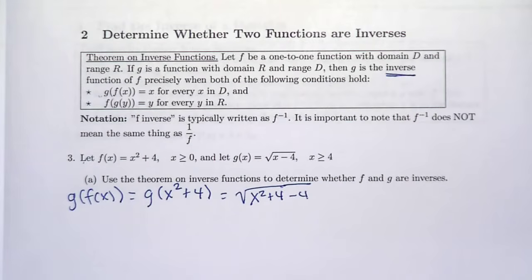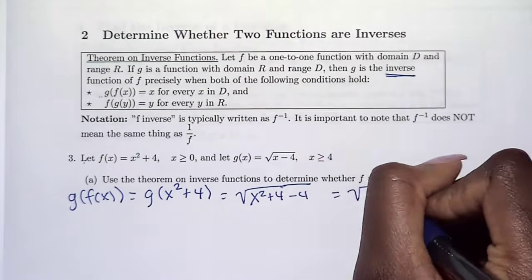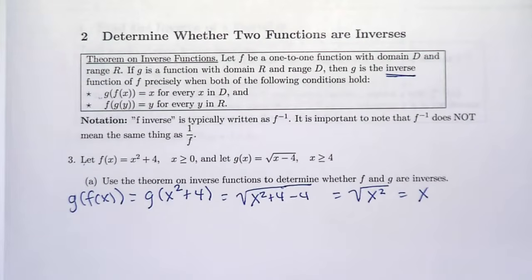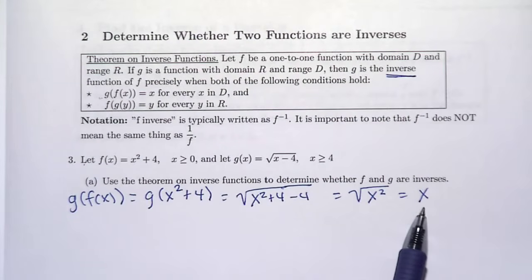And then simplify. Perfect. We put x into our two functions and we got x right back out.